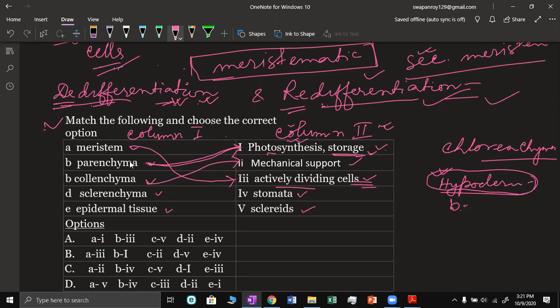So this collenchyma can provide some mechanical support because their wall is thicker than the parenchyma. Though it is irregularly thickened, it can provide some mechanical support.